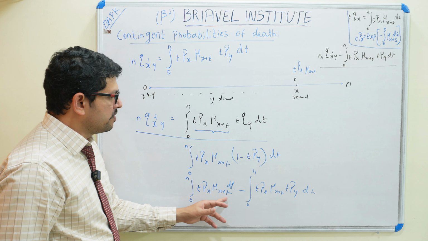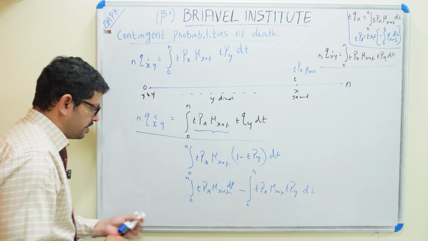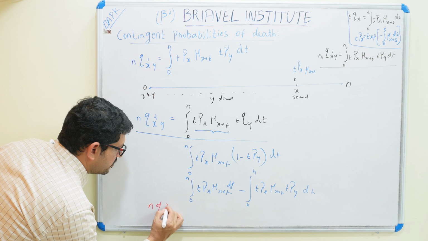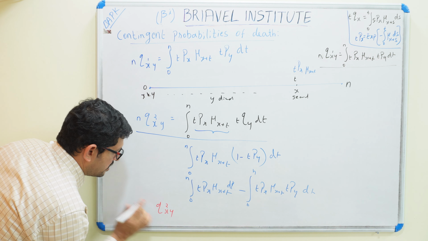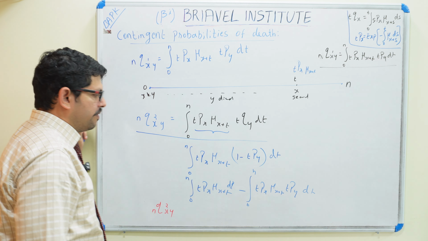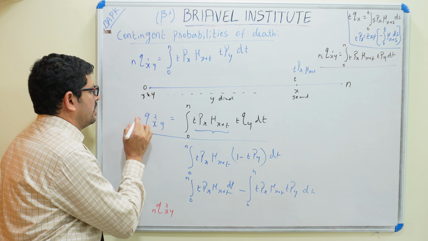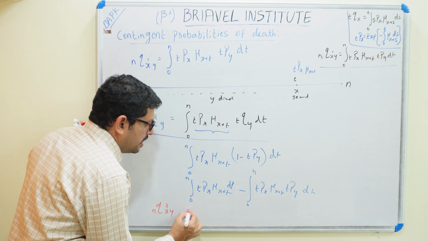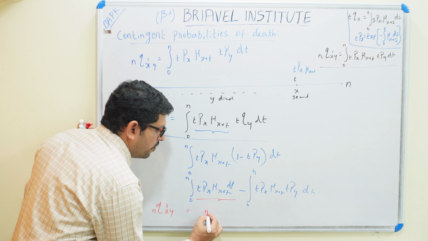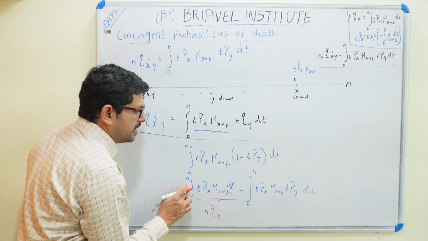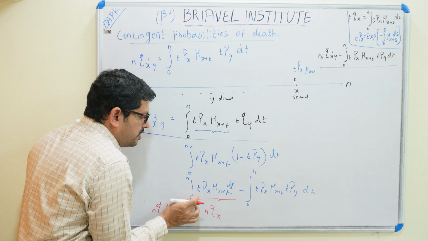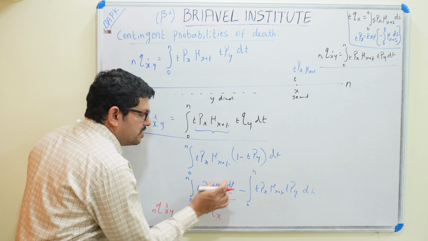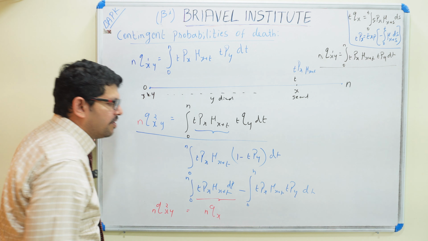Now what is the meaning of this one? We write this as nQx2y. Here n is only a substitute. Now you see this term, we can write as nQx. X is dying between 0 and n. At time T, X is going to die, that means it is nQx.